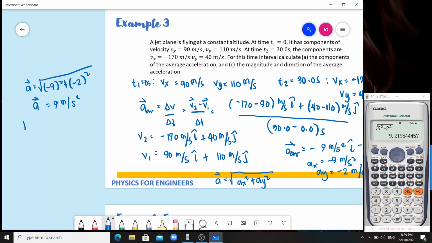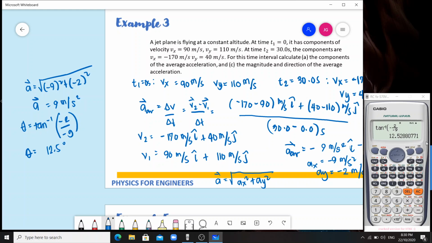And the theta or the direction would be inverse tangent of negative 2 over negative 9, which is equivalent to 12.5 degrees.